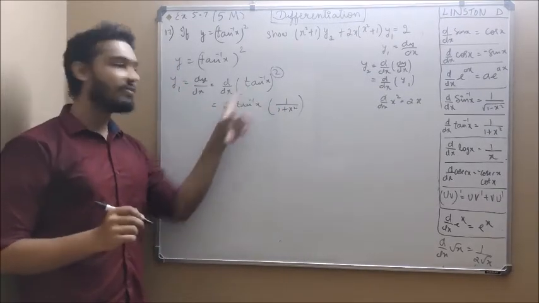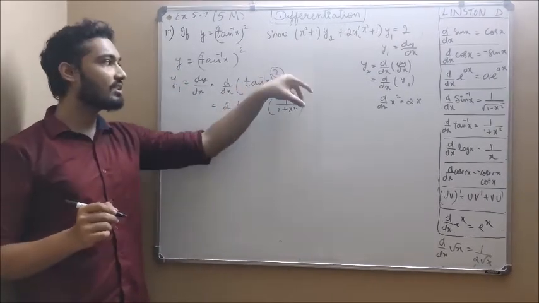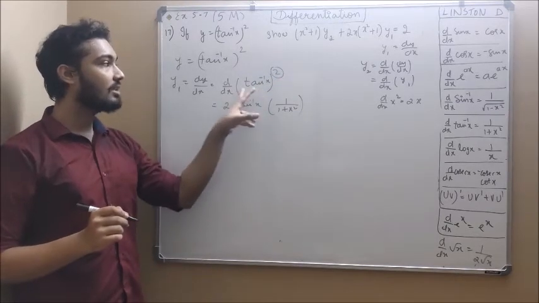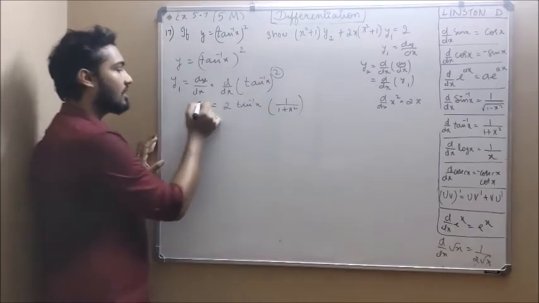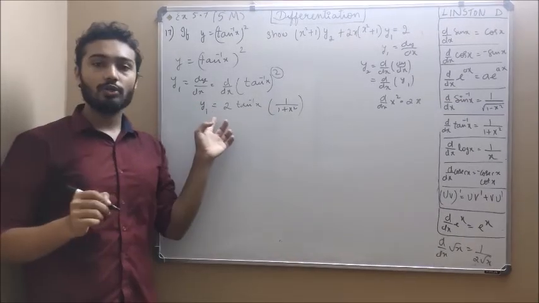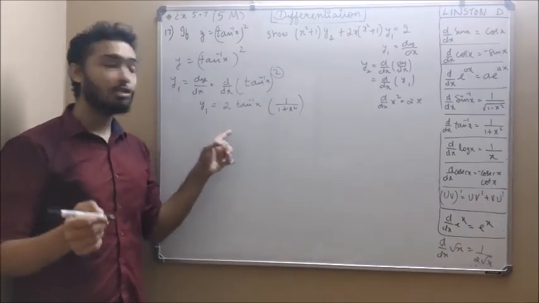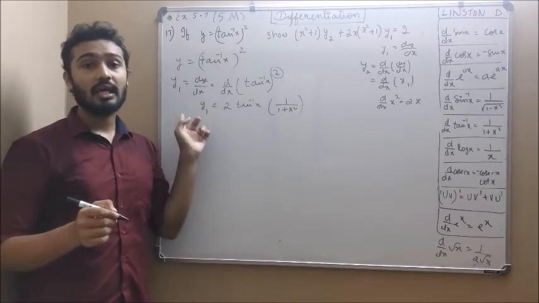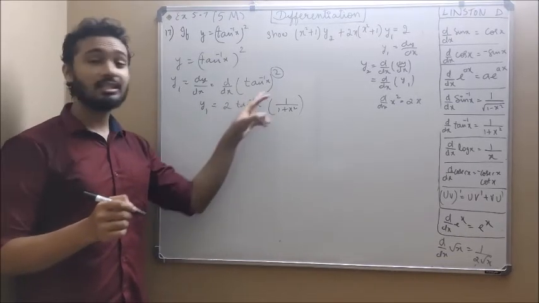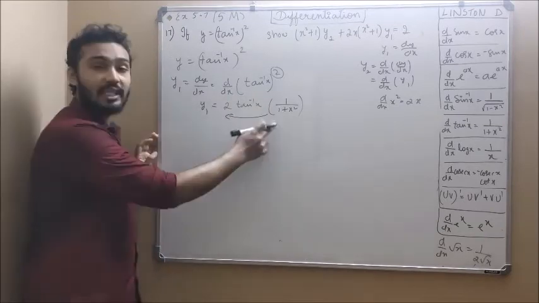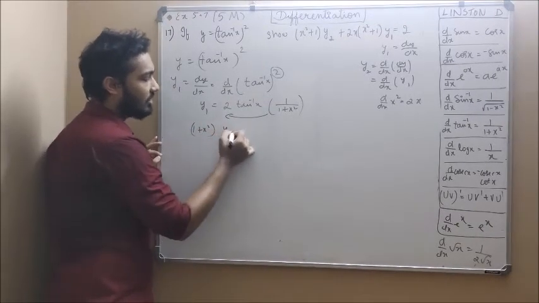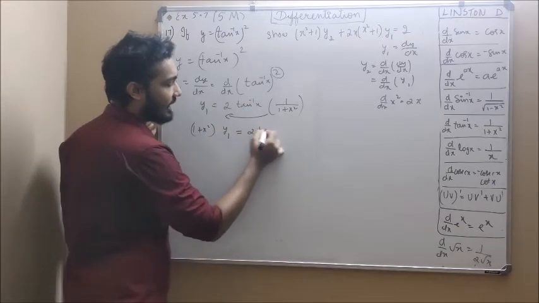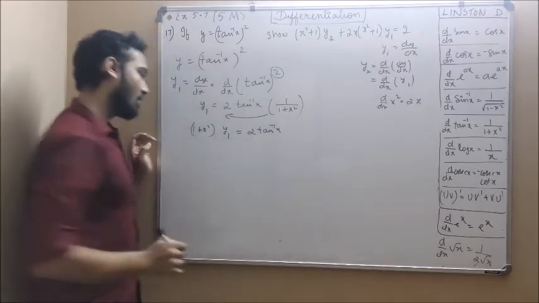So differentiation of this we apply chain rule. We differentiate first the power function, 2 tan inverse x. Next we differentiate tan inverse x, 1 by 1 plus x square. So it is nothing but y1. I told you while doing these sums it is better to have something in product rather than the quotient because it is easy to apply the product rule. So to take this to the other side, it is 1 plus x square into y1 equal to 2 tan inverse x.